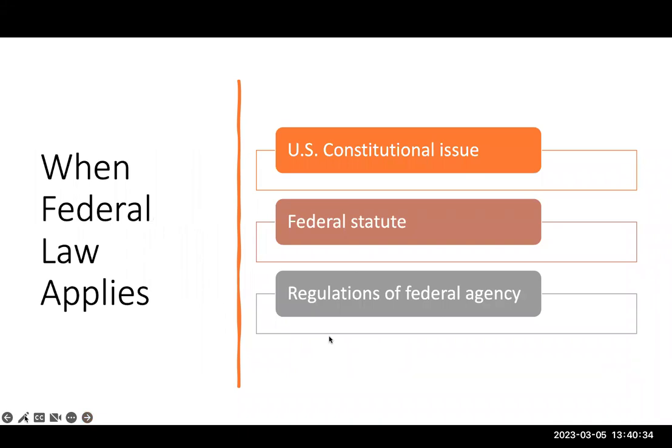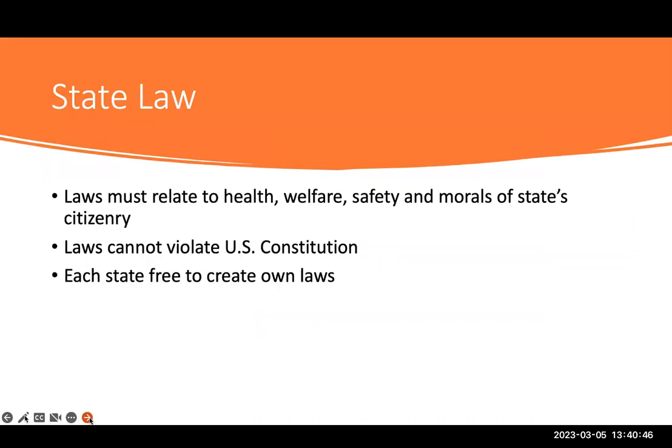When we have federal law, we have the sources of law that we talked about. We have constitutional law, we have federal statutes, and regulations issued by federal agencies. State laws, on the other hand, relate to the health, welfare, safety, and morals of a state's citizenry.